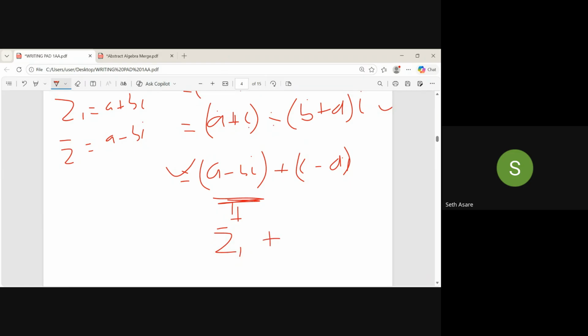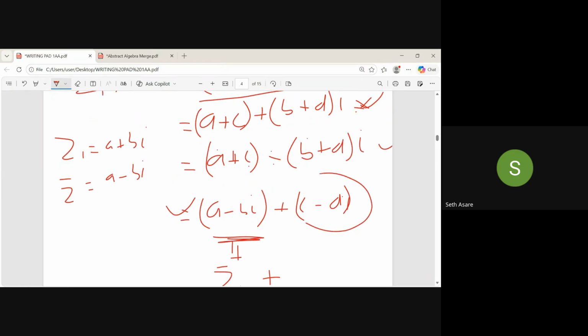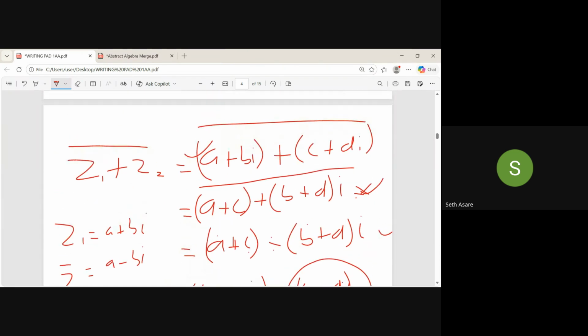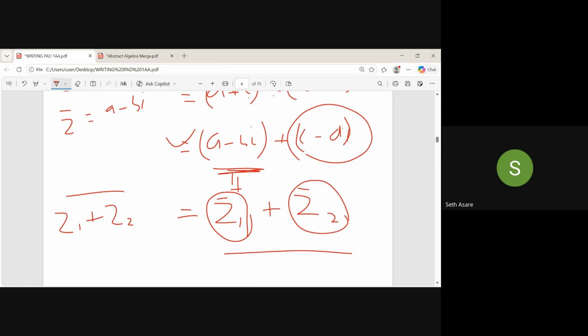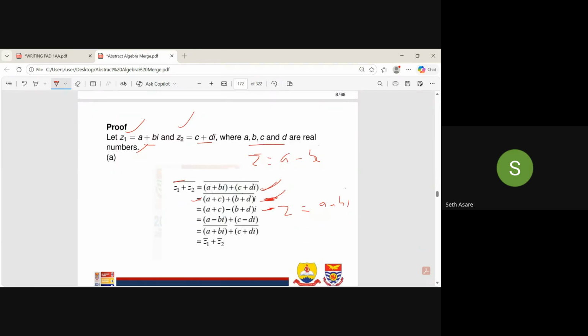Then plus, when we look at this one, it is also the conjugate of Z2. So that one also becomes the conjugate of this. So in short, if I add something like this and I find their conjugate, it should be equal to finding the conjugate of this, finding the conjugate of this, and adding them together. That is what we have done.